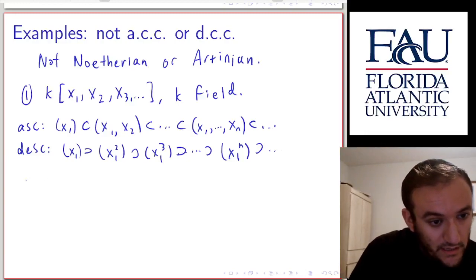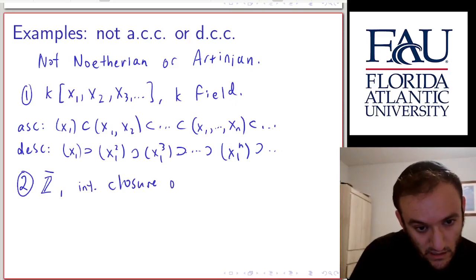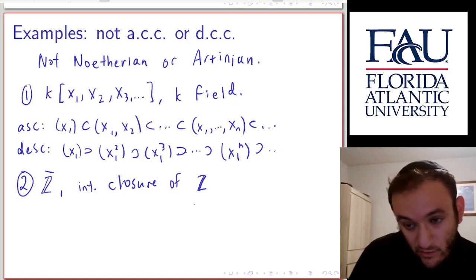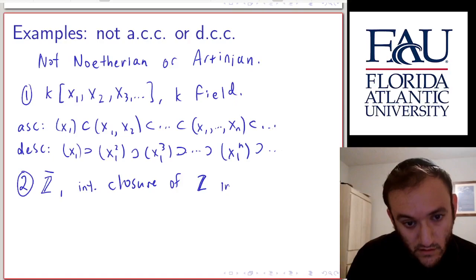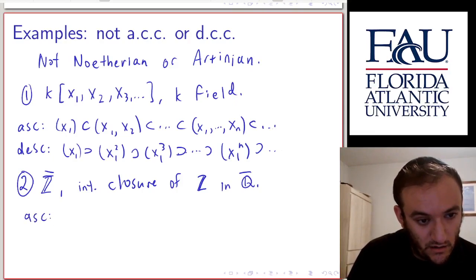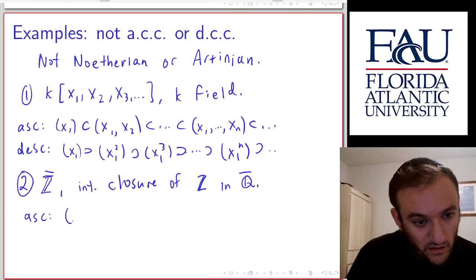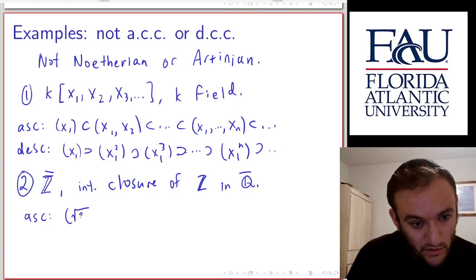The second example is the algebraic integers, which are the integral closure of Z in Q bar, the algebraic closure of the rationals. We're thinking of Z bar as a module over itself. Then we have the following ascending chain. We can start with the ideal generated by the square root of 2.